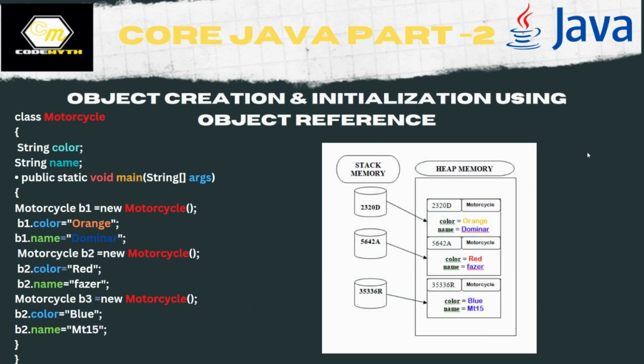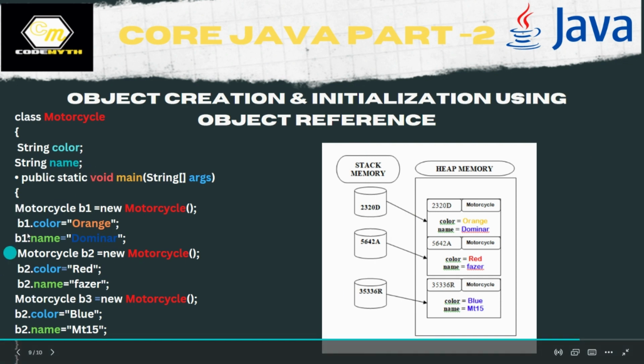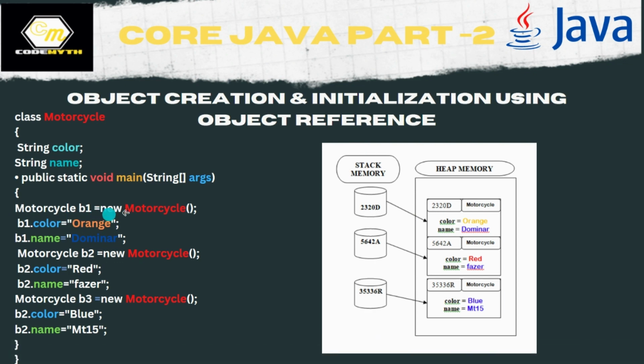Object creation and initialization using object reference. Here we will see an example of object reference. Here we have a class Motorcycle and the color we are not initializing here. Instead of direct initialization, we will initialize color and name in the main method, where we call Motorcycle M1 equal to new Motorcycle, calling the default constructor.